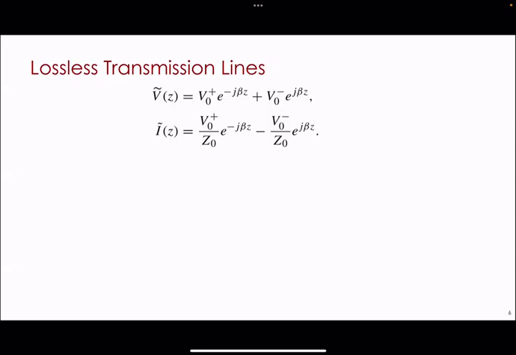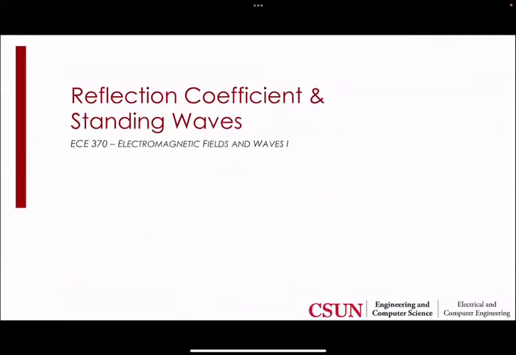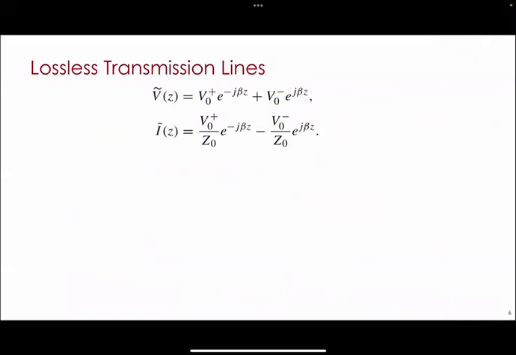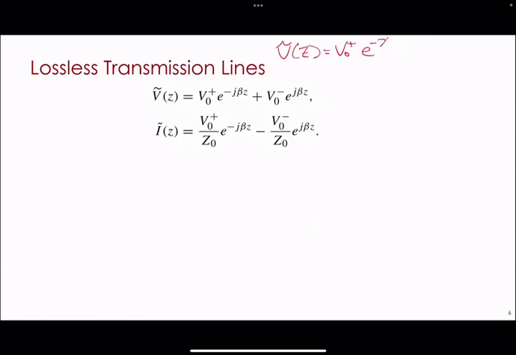So what we had before was equations that looked a lot like this, but they had a gamma in them. V tilde of z equals V0 plus e to the minus gamma z plus V0 minus e to the plus gamma z.